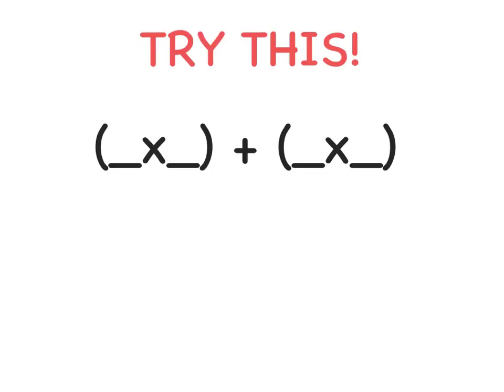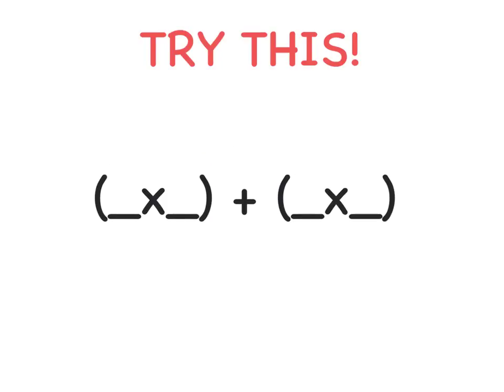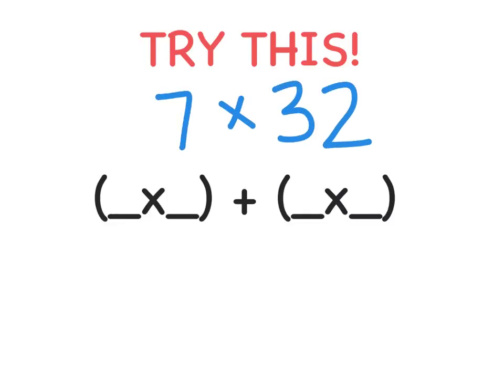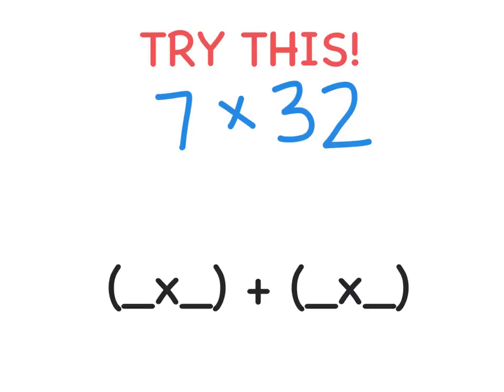I want you to go ahead and try this problem. I want you to rewrite the problem 7 times 32 using the distributive property. So what you're going to need to do is to first choose which of these numbers you will break apart, and then you will distribute the other number to the final two.